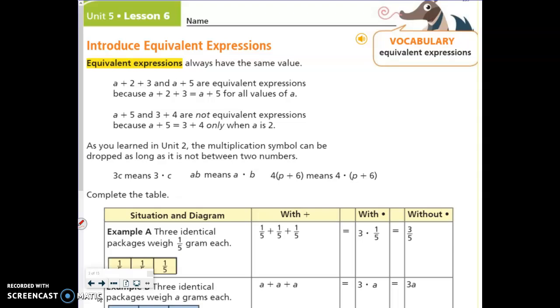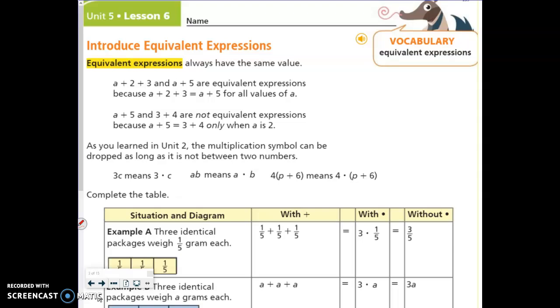All right, so I'm going to read through the top section here just to drive that point home, because I do think there are aspects of this that are very important. It says equivalent expressions always have the same value. Basically what I just said. a + 2 + 3 and a + 5 are equivalent expressions because a + 2 + 3 is equal to a + 5 for all the values of a.